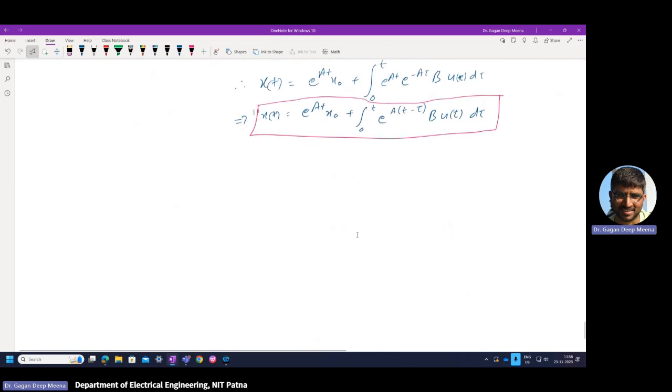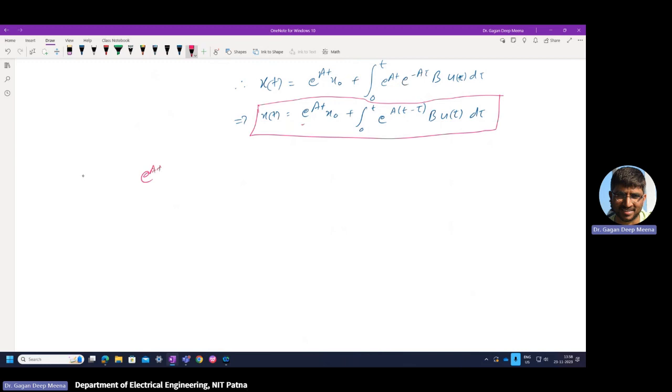Okay, so now here we have the concept of the state or matrix exponential. That's our matrix exponential. So now the state transition matrix, which is the matrix exponential, is this e to the power At.